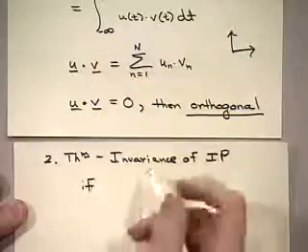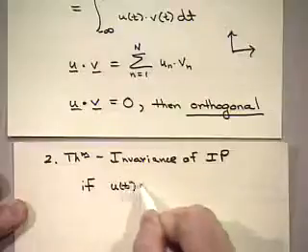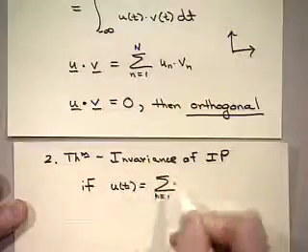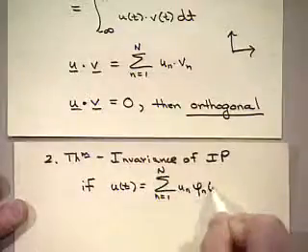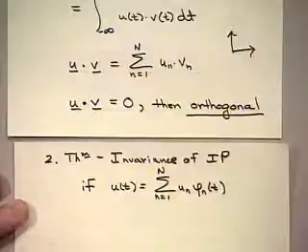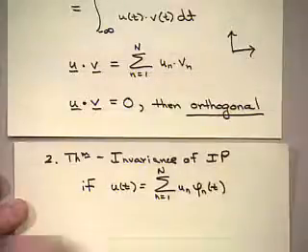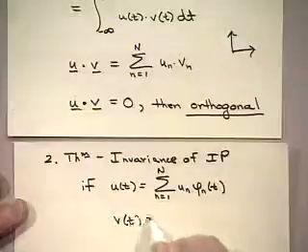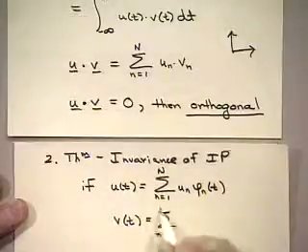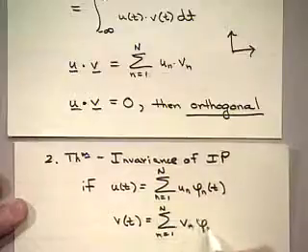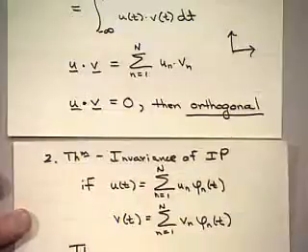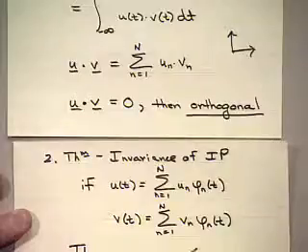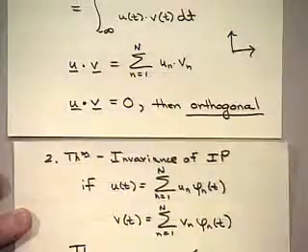If I can write u of t equal to the sum from n equals 1 to N of u sub n phi n of t, where phi n are an orthonormal set of basis functions, and I can also write v in terms of that same orthonormal basis in this form, then u dot v is equal to the integral of u of t v of t.